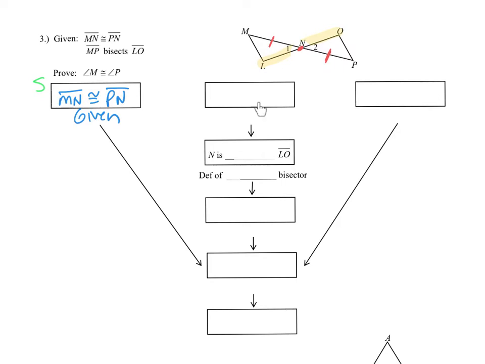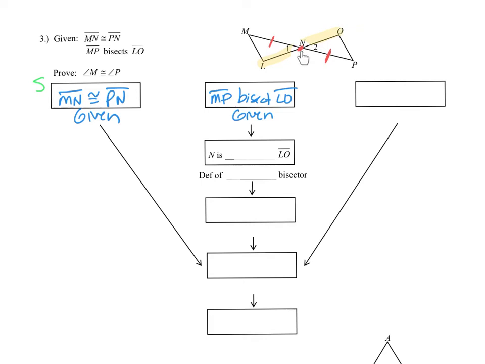We have a kind of a long chain here to follow. Let's start with the fact that we have segment MP bisecting segment LO. That's given information. Now, the definition of a segment bisector says that segment MP is a bisector if and only if it intersects the yellow segment at its midpoint.